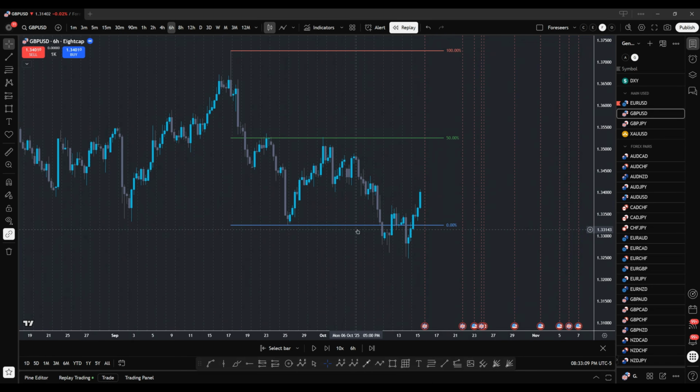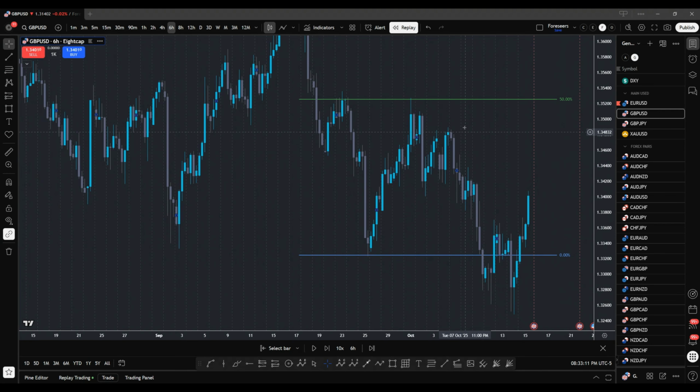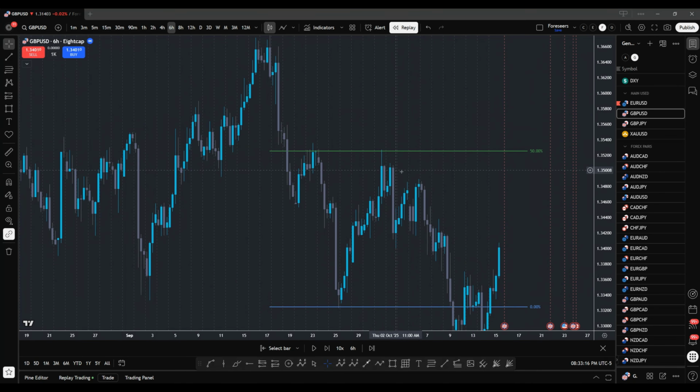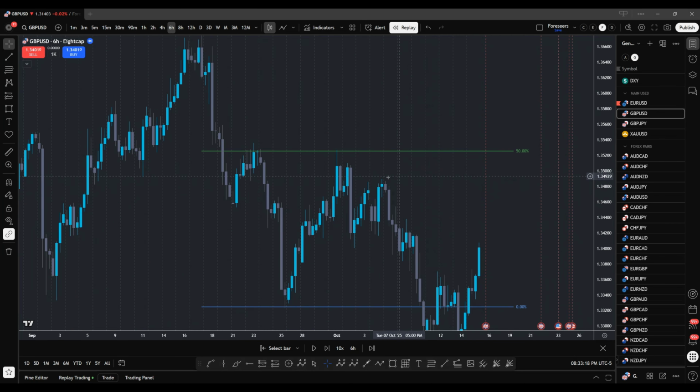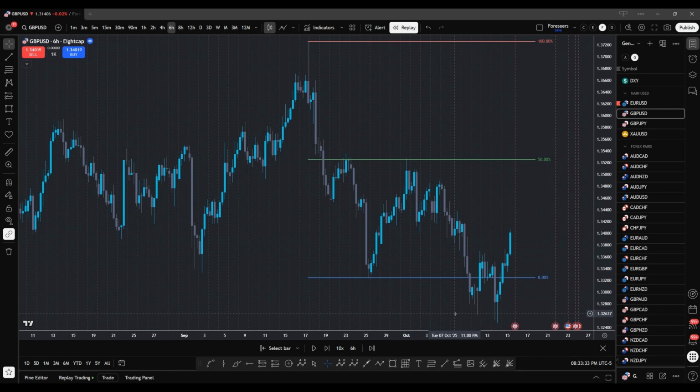Don't try entering trades going upward to the 50% line, because sometimes price doesn't always make it there. Wait for price to at least get there and wait for some kind of rejection on the same time frame that you're analyzing this on, or on a lower time frame. Try finding things like market structure shifts or changes in state of delivery, inverted fair value gaps, anything that indicates a change in the trend towards the downside.